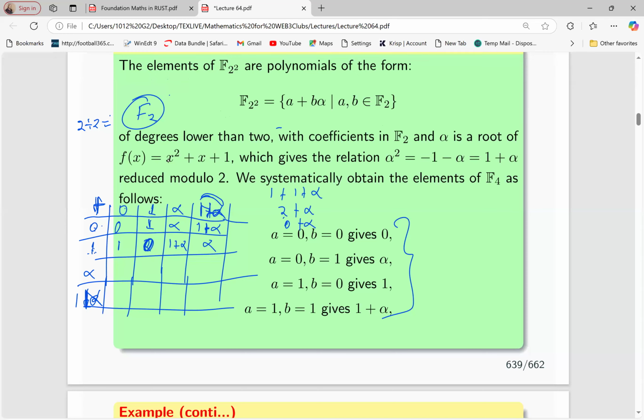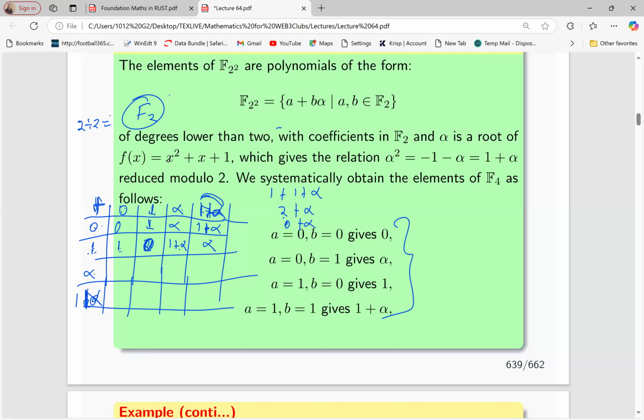Now, when you're doing this, you know that every time you add, you must get an element of this set. The elements of the set are 0, 1, alpha, 1 plus alpha. We had already obtained 1, 0, 1 plus alpha. What was left was just alpha, and we wanted to verify, because each element has to appear once.